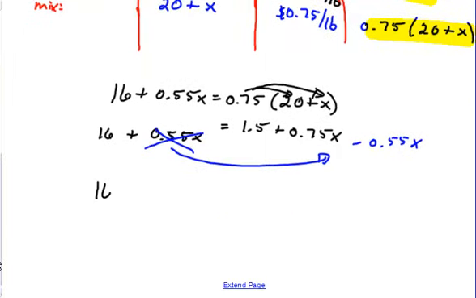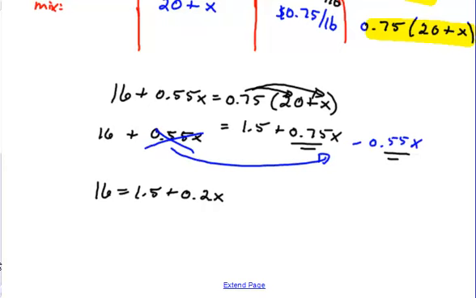So now we have 16 is equal to 1.5. Let's put our x's together. What do we have? Oh, okay, yes, I agree. I'll just put x. I won't put the o because we don't need it, but you can if you want.